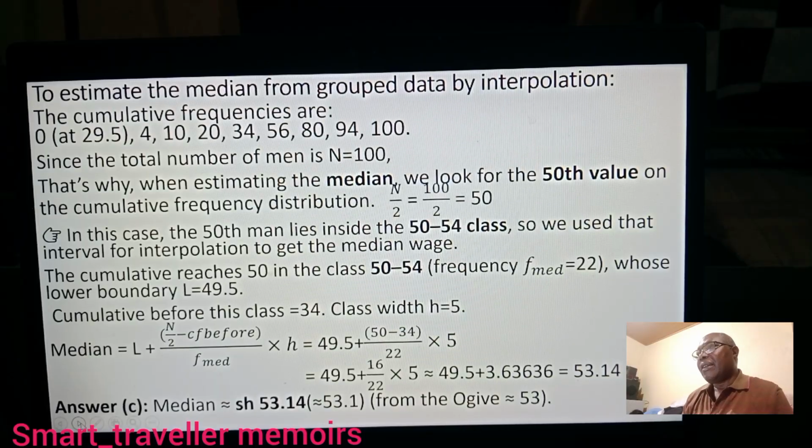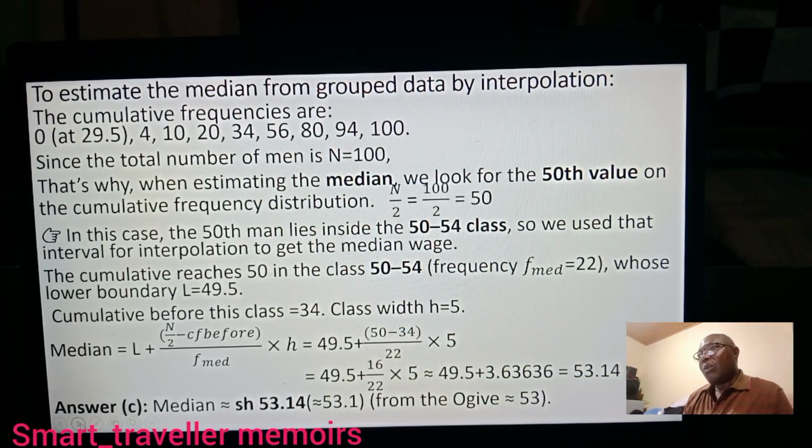For the frequencies, we have 4, 20, 34, 56, 80, 94, 100. So 0 will be on the y-axis and 29.5 will be on the x-axis.